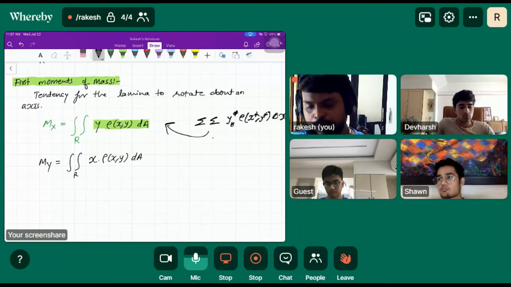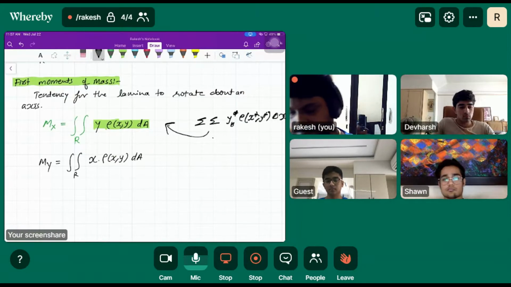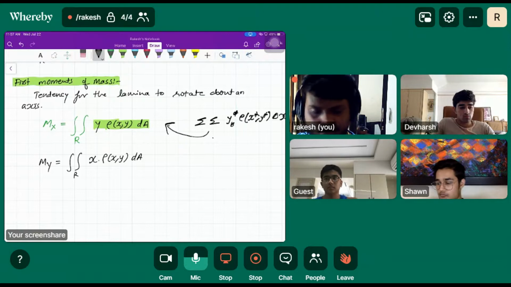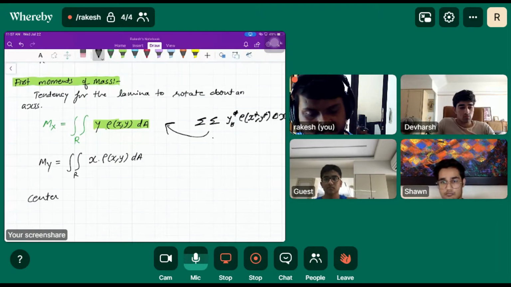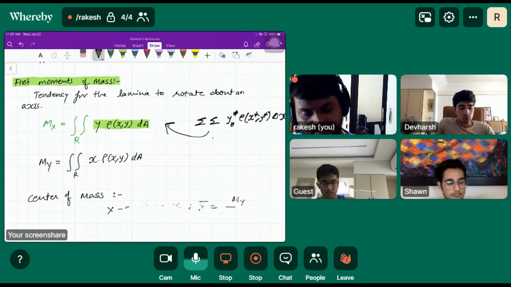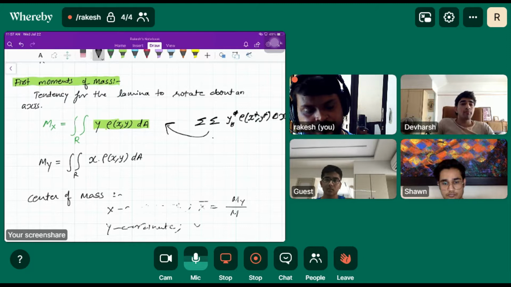So these are the first moments of mass. Now the x coordinate of the center of mass is x bar, which is My upon m, and the y coordinate is Mx upon m.